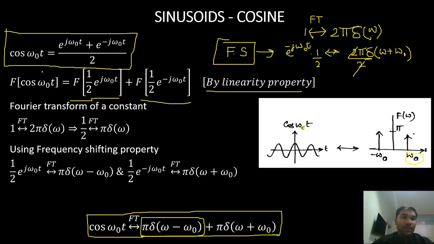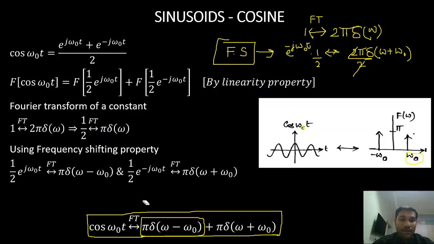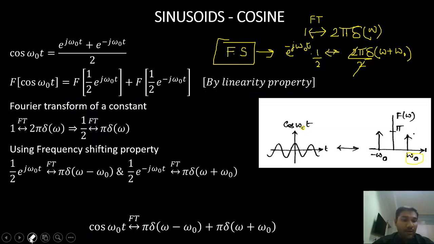Now the same thing I can do for sine also. For sine, I will have e power j omega naught t minus e power minus j omega naught t. Let me erase a few things here, and I will write for sine, in a different color. So in place of cos, if I have sine, how will my equations change?